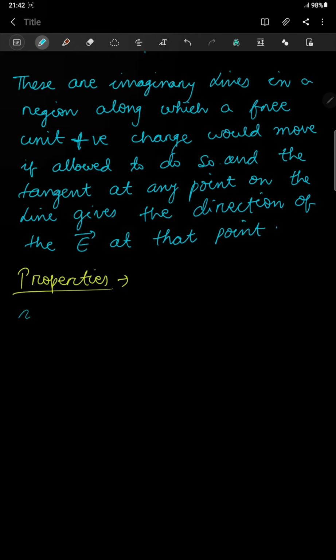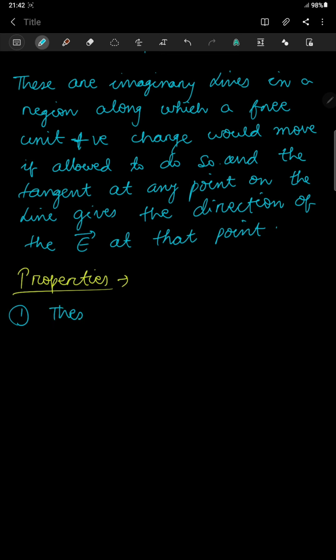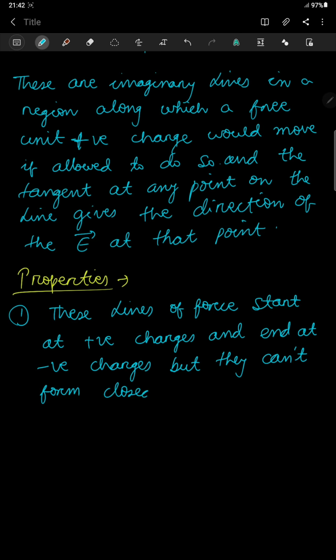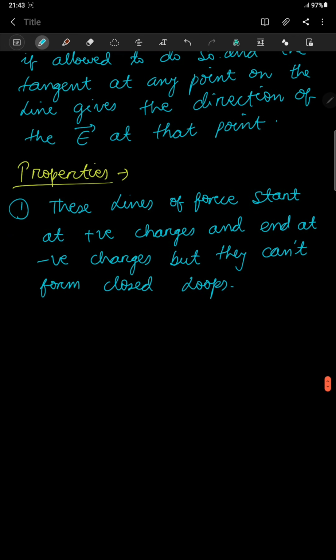The first property tells that these lines of force start at positive charges and end at negative charges, but they cannot form closed loops.